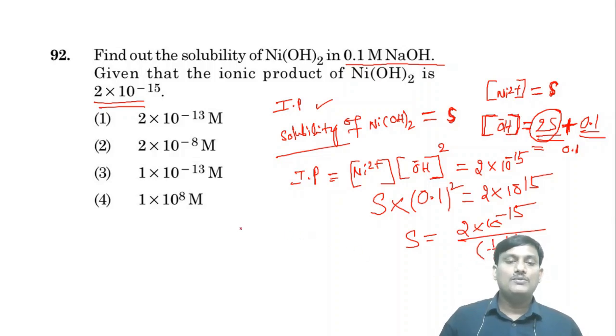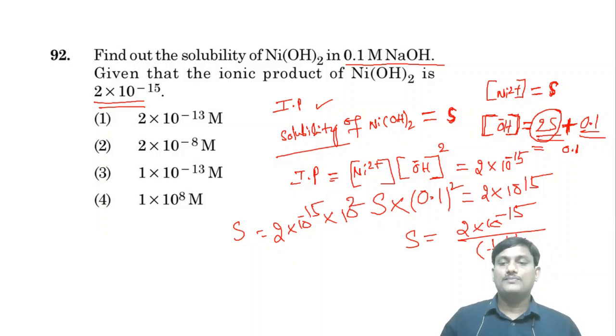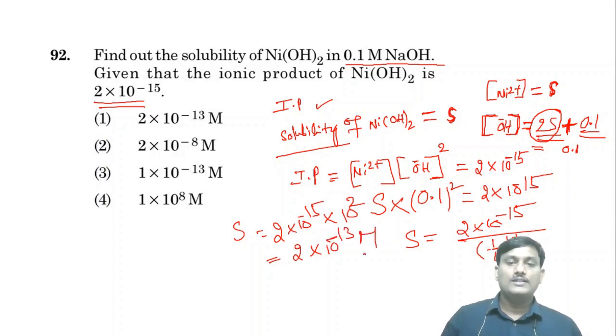So finally, S is equal to 2 into 10 to the power of minus 15 divided by 10 to the power of minus 2, so finally you will get 2 into 10 to the power of minus 13 molarity.